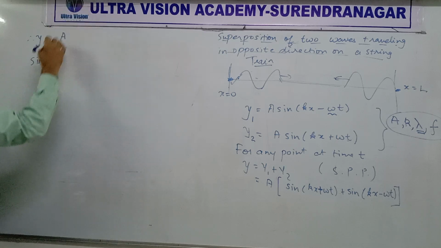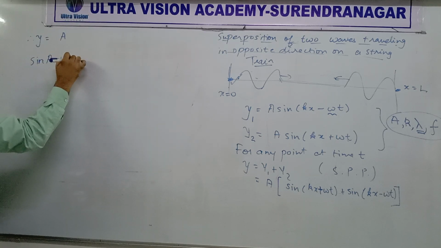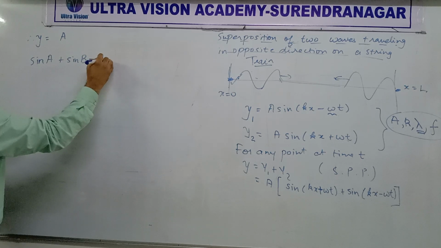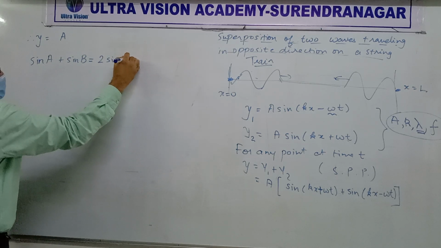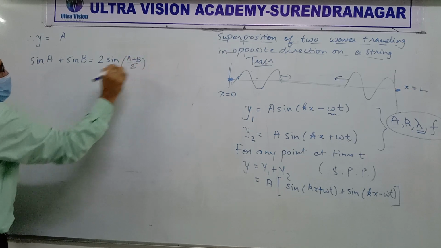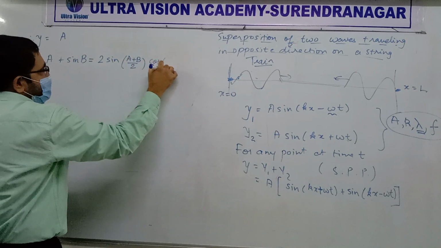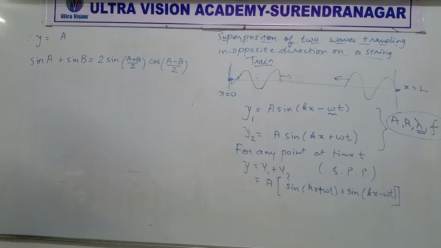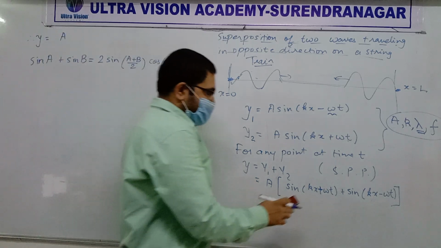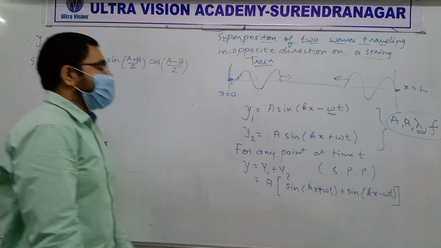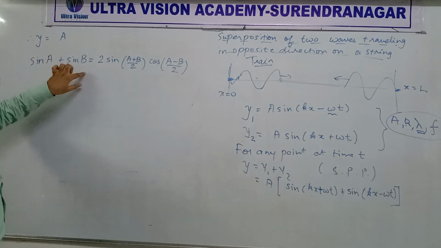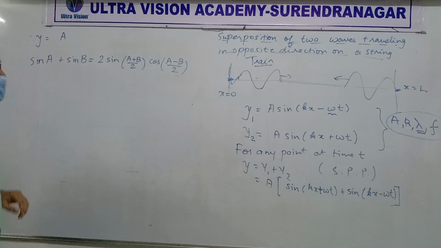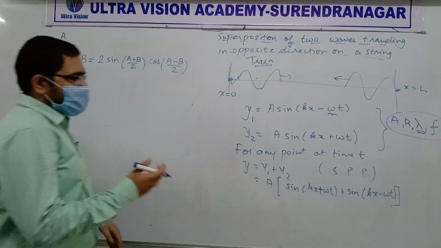Sine A plus sine B is equal to 2 sine (A plus B) by 2 cos (A minus B) by 2. This is a formula that you might have to memorize. So let's compare and use.